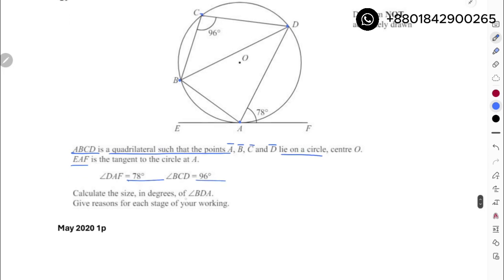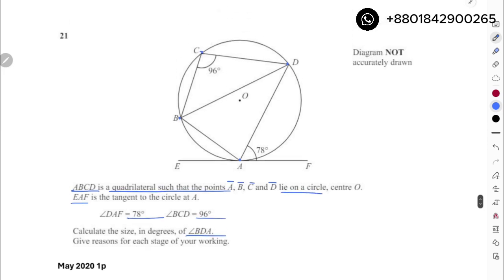We need to calculate the angle for BDA. BDA, that means this angle. I can understand that if this angle is 78 degrees, this angle is also going to be 78 degrees under the alternate segment theorem.